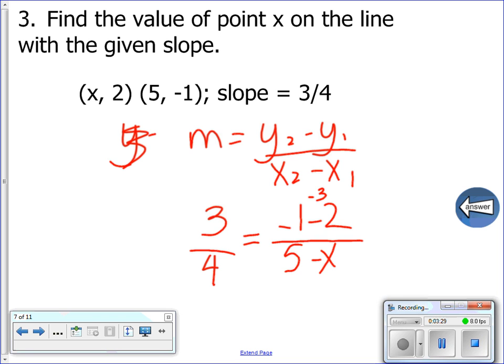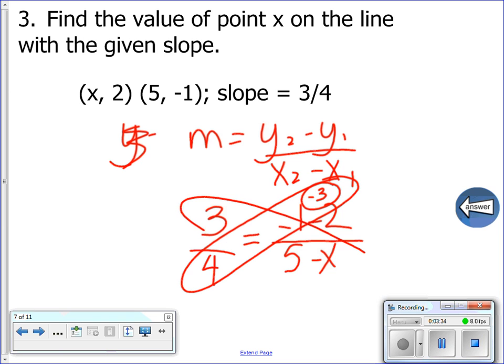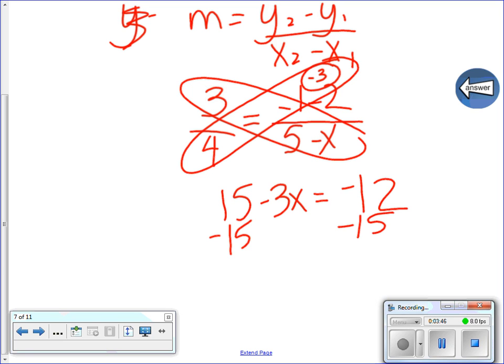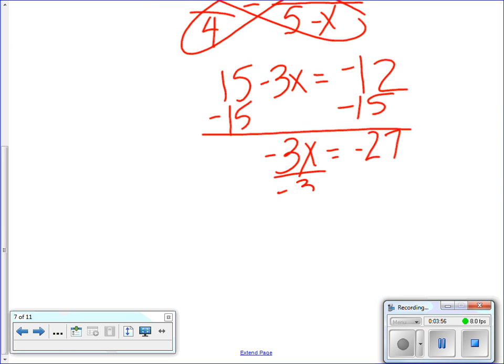This is -3, so we'll cross multiply. That gets us 15 minus 3x equals -12. We're going to subtract 15 from both sides. Just -3x equals -27. Divide both sides by -3 and get x equals 9.